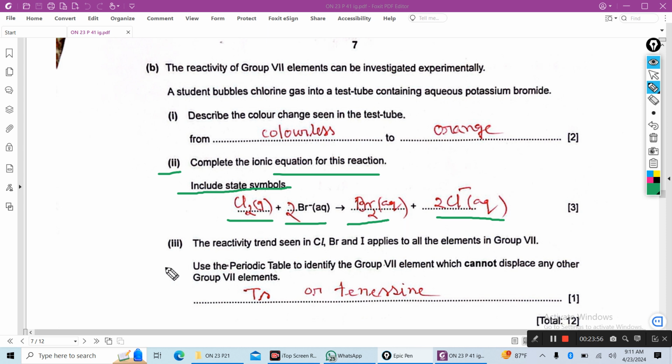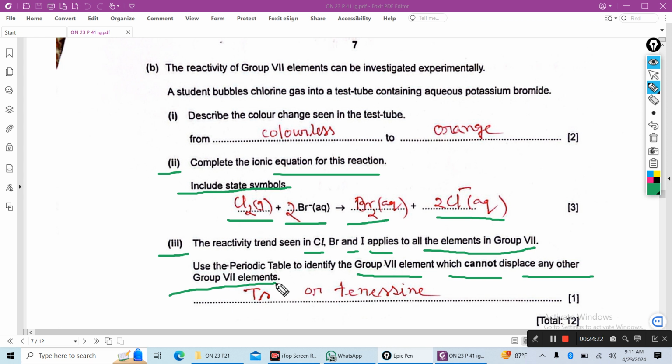Then 3, the reactivity trend seen in chlorine, bromine and iodine applies to all elements in group 7. Use the periodic table to identify the group 7 element which cannot displace any other group 7 elements.